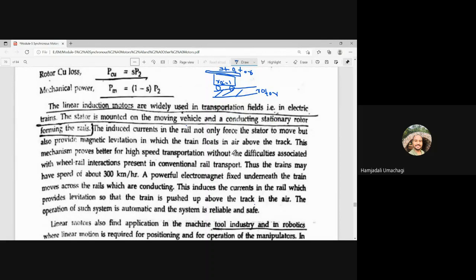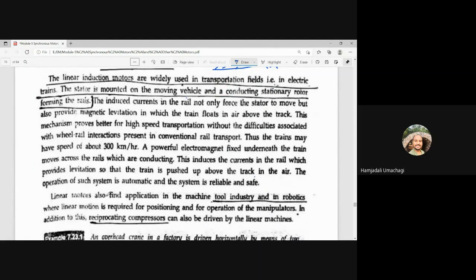So all these phenomena take place completely automatically, and it is reliable and safe also. Linear motors also find applications in machine tool industries and in robotics, where linear motion is required for positioning and for operation of manipulators.